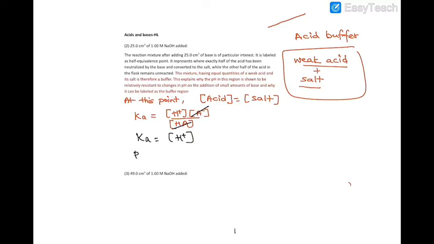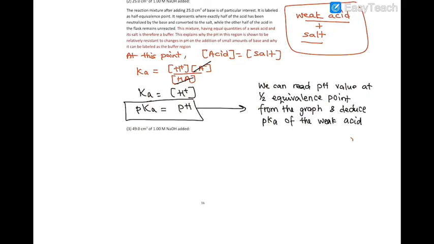Therefore, pKa will be equal to the pH. Which means that at the half equivalence point from the graph, we are able to find the pKa value of the weak acid based on the pH value. But this is only valid when you have a weak acid reacting with a strong base.